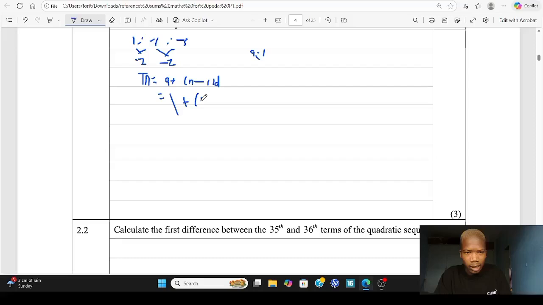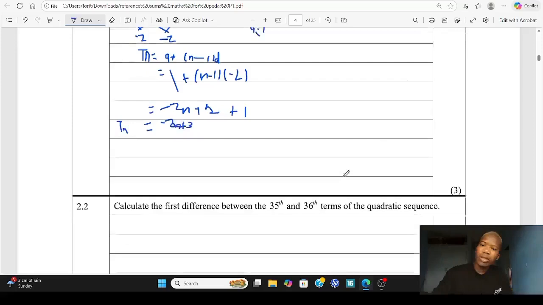Minus 2 times (n minus 1) is equal to minus 2n plus 2, plus 1, which gives us the formula Tn is equal to minus 2n plus 3.